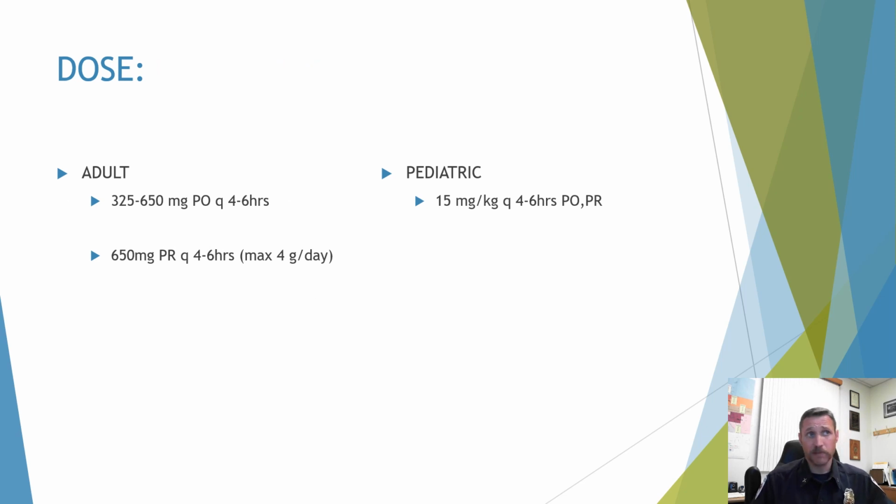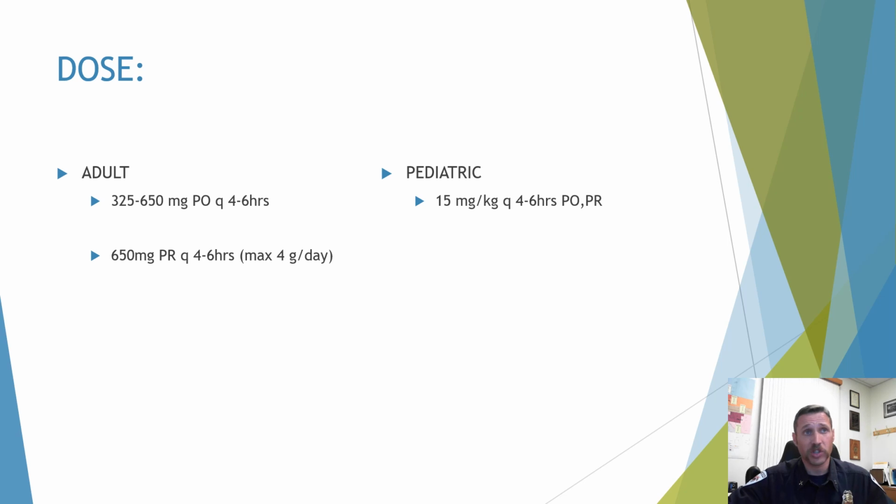So your dosing regimens. For adults, your PO, given via pill, what we're most used to, most comfortable with, and probably used to seeing within our own households, is the PO administration of a tablet being 325 to 650 milligrams.